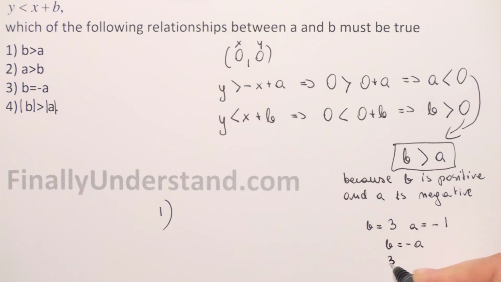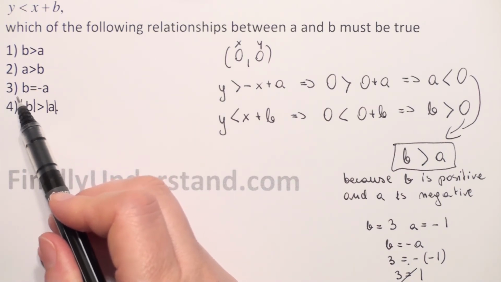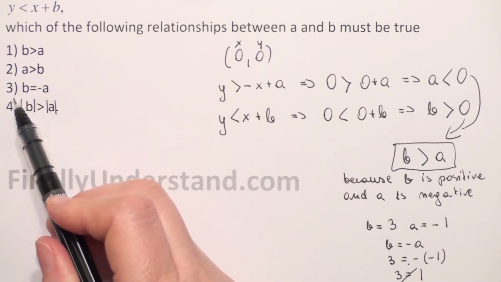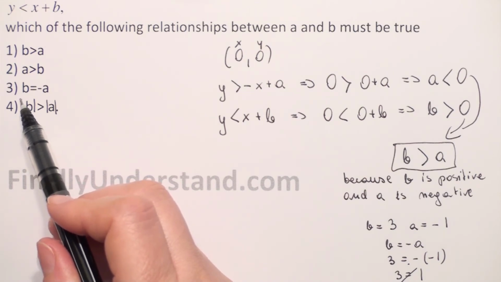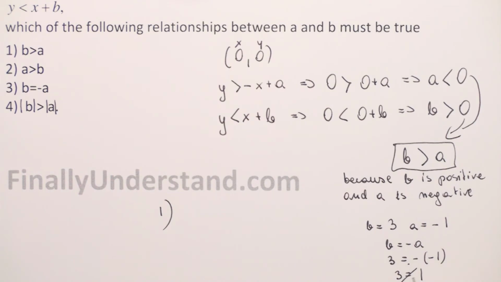Now we have 3 is equal to negative a, we substitute a by negative 1, so it will be negative negative 1, which is positive 1. So we have 3 is equal to 1. No, it's not true. So for the third relationship, we can find an example for which this equation is not true.